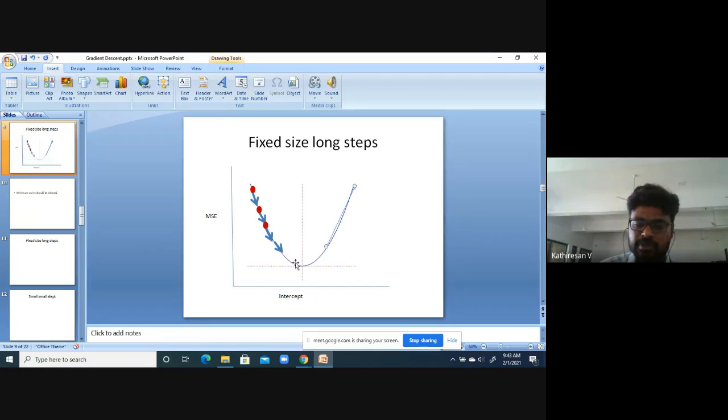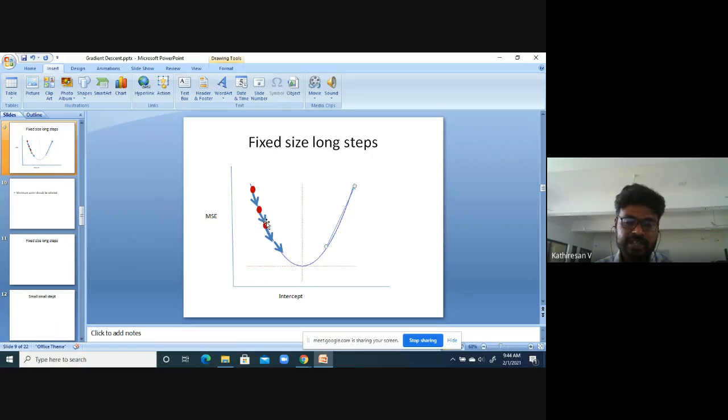In order to take a longer step or baby step, you have to decide whether a longer step is advisable here or a baby step is advisable here. In order to take the decision whether the next step will be a longer step or baby step, you have to find the slope.